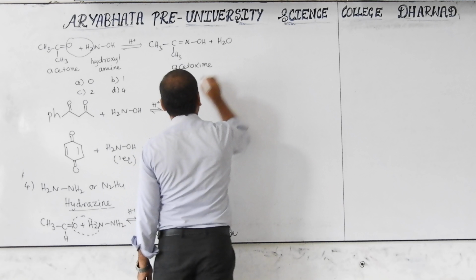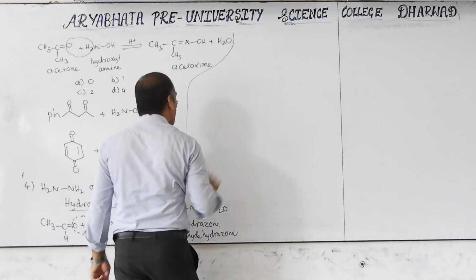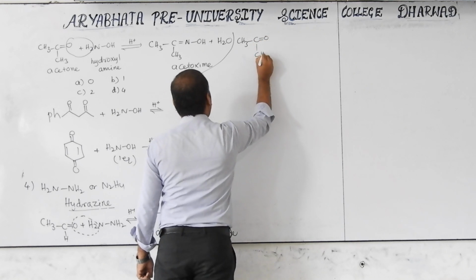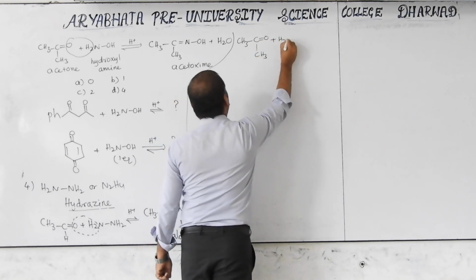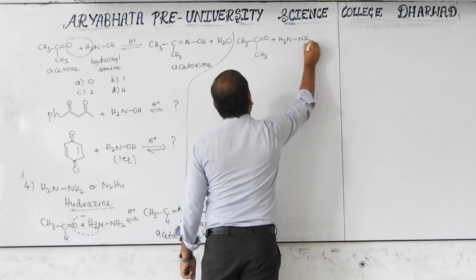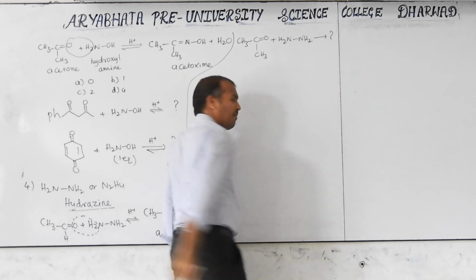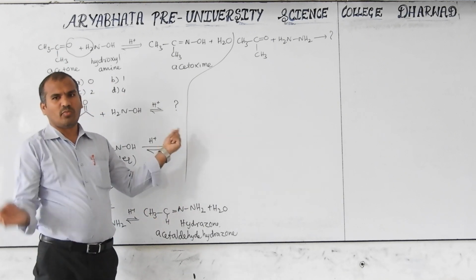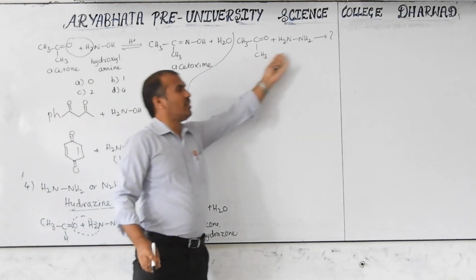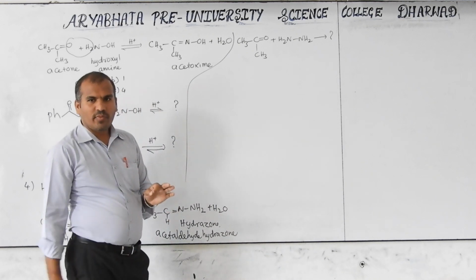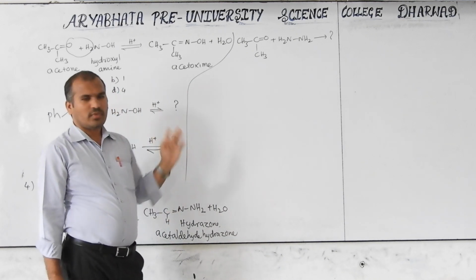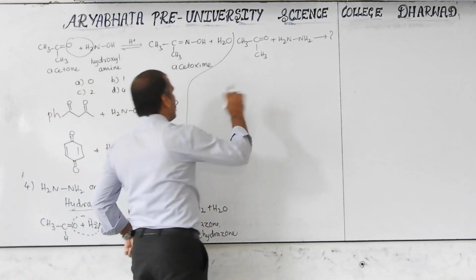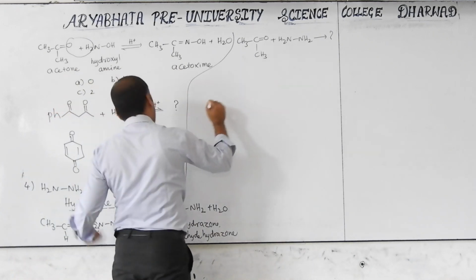Take the example of acetone: CH3C=OCH3 reacts with hydrazine. Then what is the product formed? Write the name. Same, just remove a water molecule and combine both. The name of this compound is acetone hydrazone. Here it is acetaldehyde hydrazone. Next, hydrazone is completed.